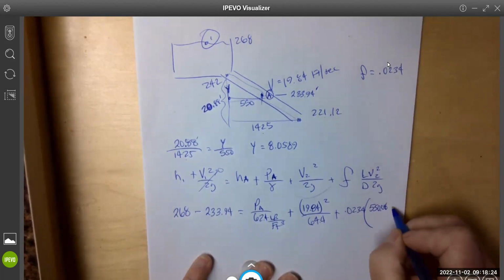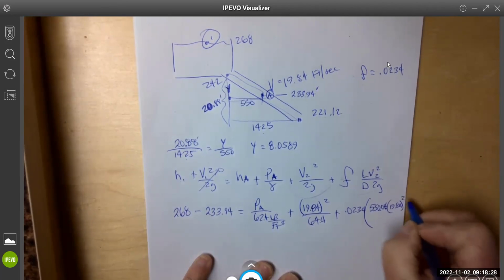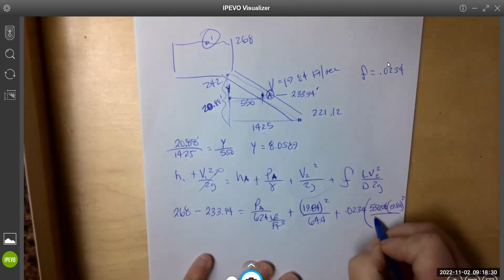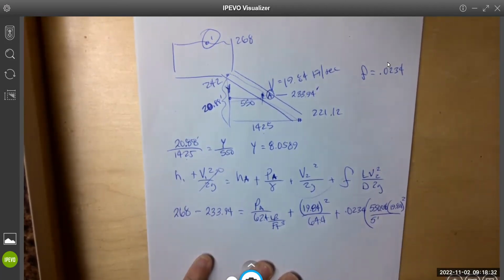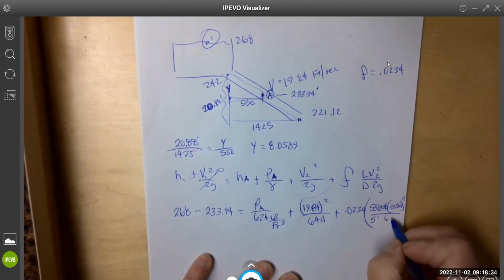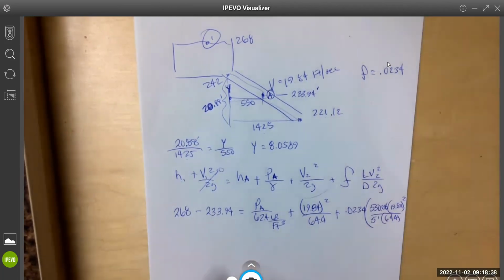Our velocity squared, 19.84 squared. Our diameter, 5 feet. And then 2g, which is 64.4.